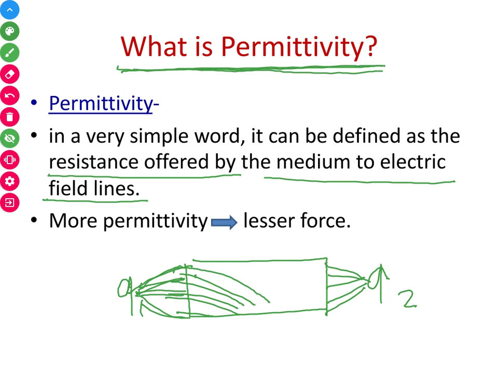If both charges are placed in air, for example, then all the electric field lines which originate from the Q1 charge go to the Q2 charge.